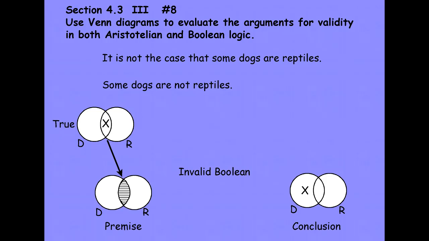I only look at the subject class for these direct inferences, and I check to see if that subject class has at least one member. Is there an X somewhere in there? When I look at this premise, our D circle doesn't have any members. So I know that when I modify the diagram for Aristotelian validity, my premise diagram has to have an X in that D circle. It can't be in the intersection.